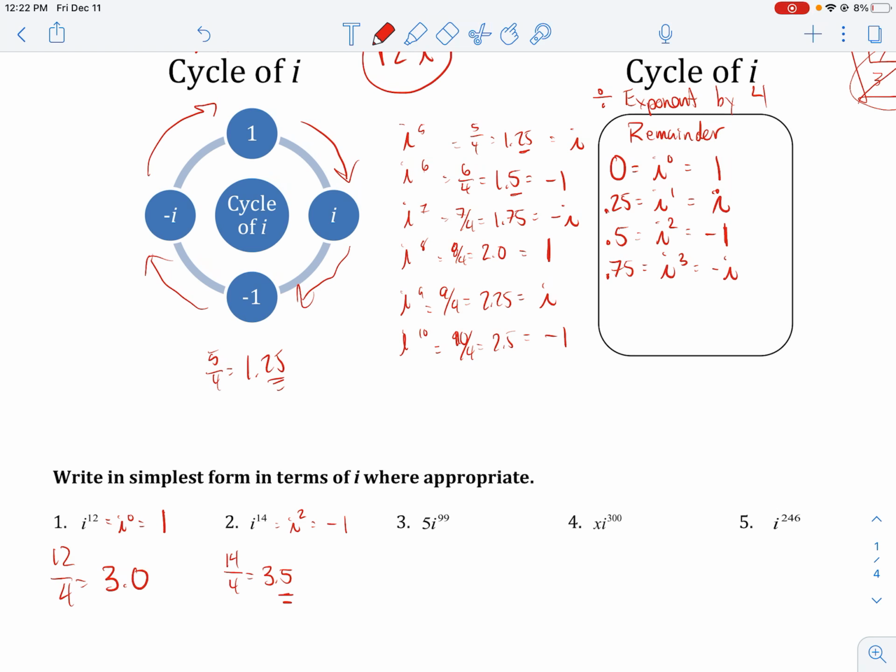Okay, problems like number 3. All right, the process is the same, but you just want to make sure that you don't lose that 5. Right, so we get 5 times... All right, let's see, 99 divided by 4. I don't know what that is off the top of my head. We get 24. Whoops, let me do it down below here.